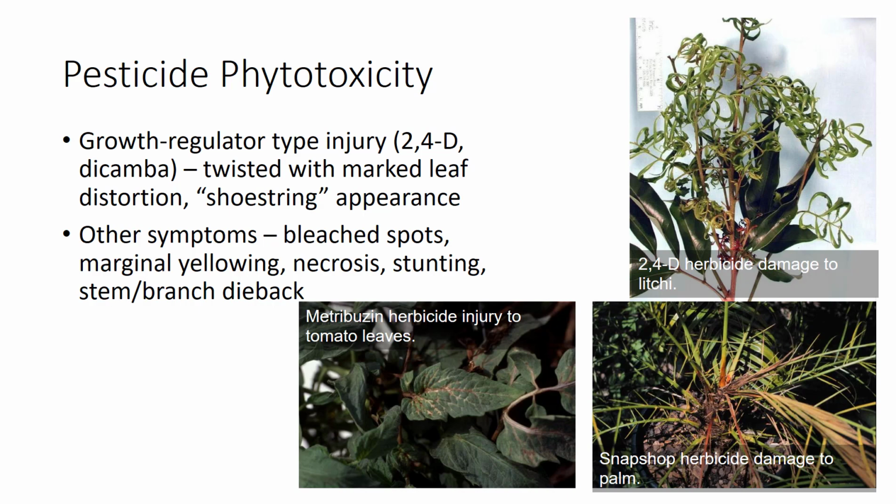A great range of symptoms are associated with injury from other pesticides. These include bleached, white spots, marginal yellowing and browning, necrosis of leaves, stunted growth, stem and branch dieback, and interveinal or veinal yellowing. Each pesticide and host interaction is unique, but in general, contact and systemic pesticides applied as foliar sprays result in localized yellow or necrotic spots wherever the spray has landed on the plant, although damage is usually greatest where droplets accumulate, such as leaf tips.